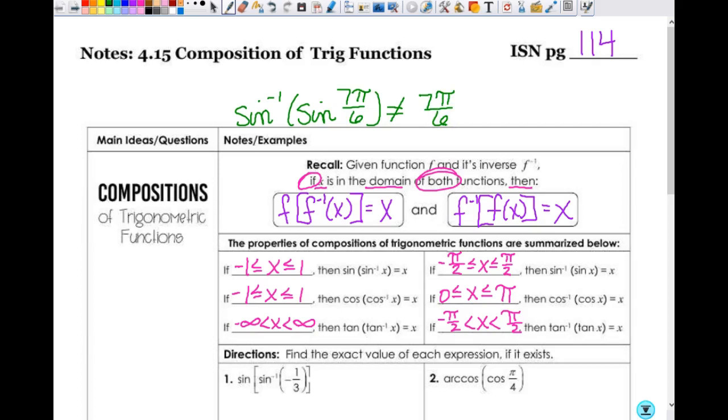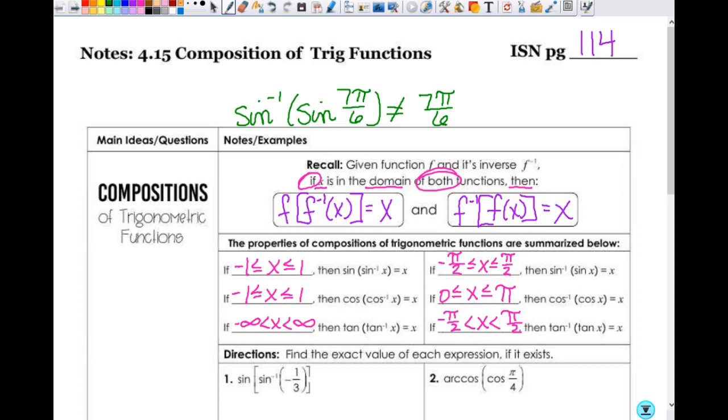Because you see here how it says the sine inverse of the sine of x equals x, but there's an if part to that. So the sine inverse of the sine of this doesn't necessarily equal this. It only does if x falls between -pi-halves and pi-halves, and it doesn't, right? That doesn't mean I don't get an answer. That just means I can't just say, oh, it's 7pi/6. You with me on that so far?